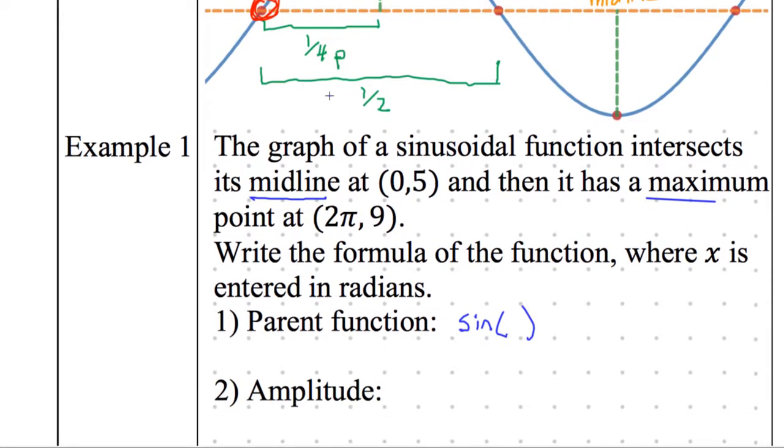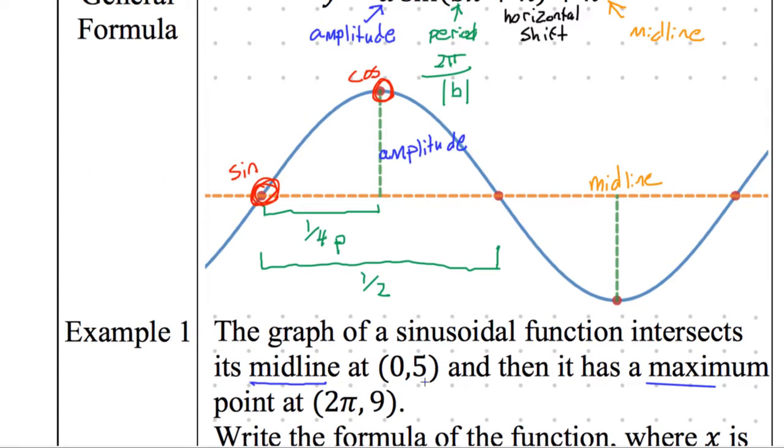It is 4. But you also need to check now, is it a positive 4 or is it a negative 4? And you are probably screaming at the computer, Mr. Sindel, you told us amplitude is always a positive number. It can never be negative. And I say, yes, if I'm talking about amplitude in the official sense, like you are thinking, it is always a positive number because it is a distance.